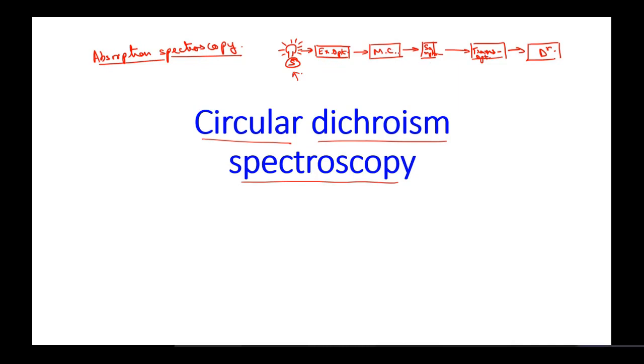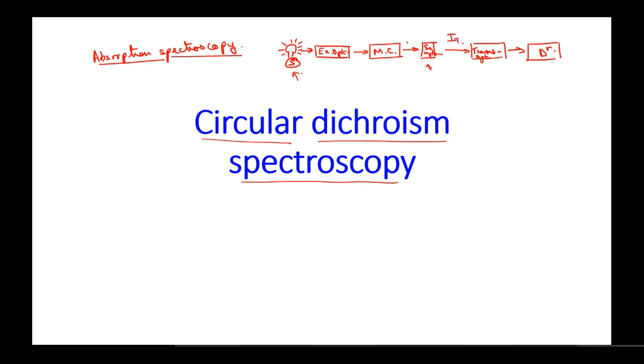Then we used a monochromator to make a monochromatic light incident onto the sample. When this monochromatic light passed through the sample, some of the incident rays were being absorbed by the sample, and we got the transmitted radiation.